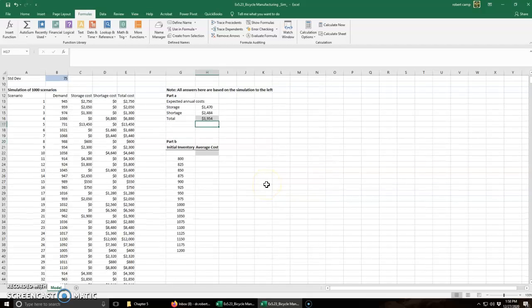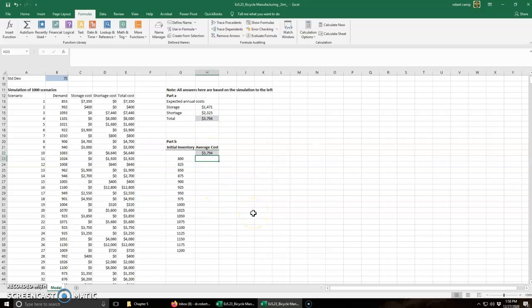The more simulations we do, the more accurate it will get because the amount of error can be tempered out. So what I want to do is drag this equation down to here, and then I'm going to make my one-way data table. So I'm going to highlight all the stuff that I'm going to change, plus the row that I want to put it in, and I've got my equation there.